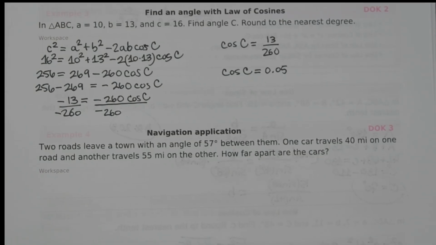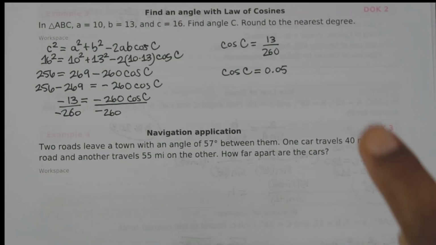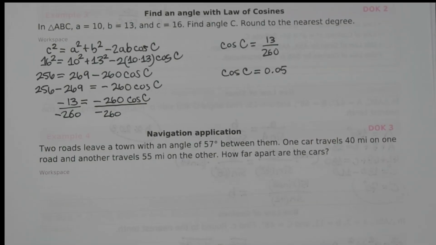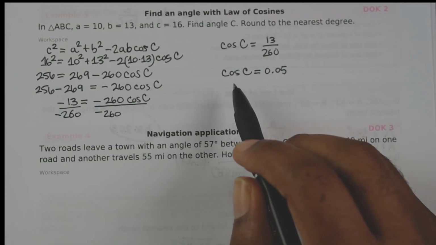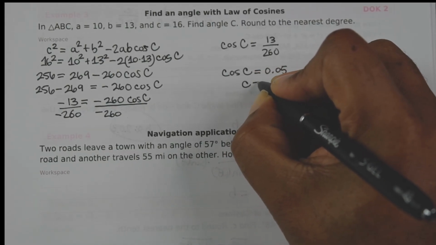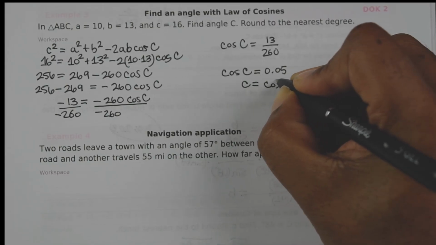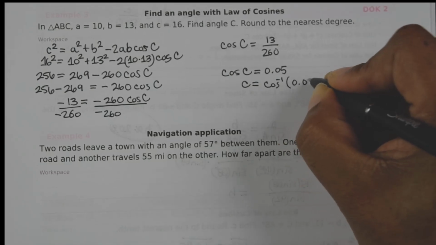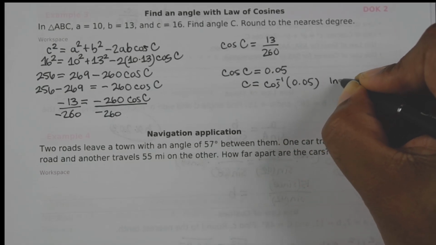And then what we can do from here is use the inverse of cosine, right? So using the inverse of cosine, essentially the inverse of cosine would be written as C equals cosine of negative 1, parentheses 0.05, and this is inverse.